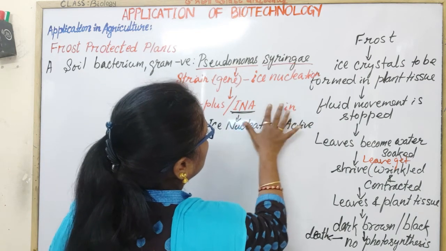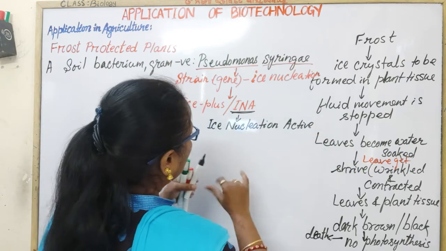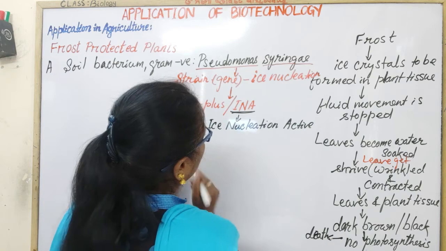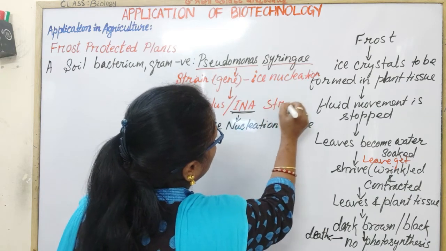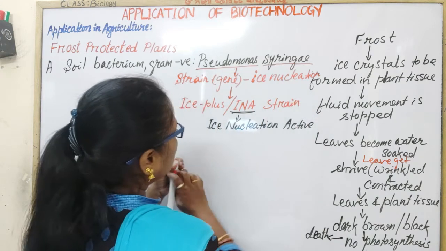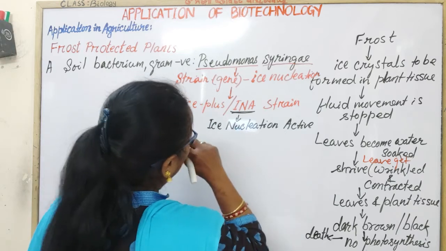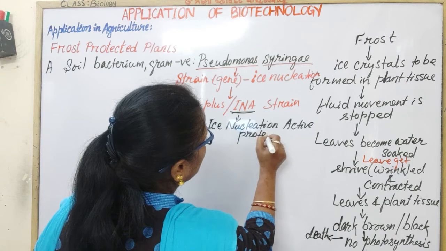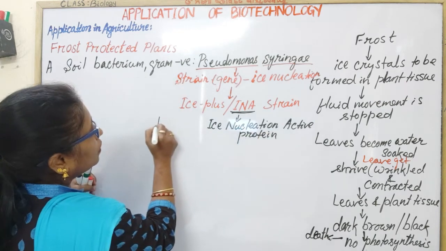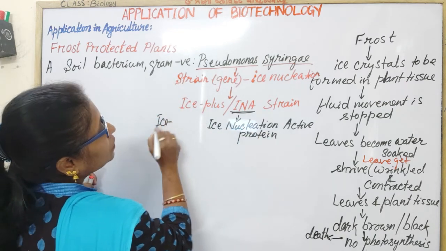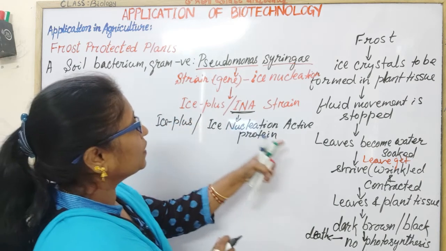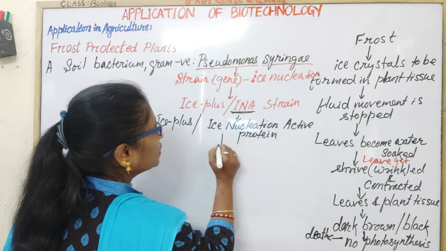The INA strain produces the ice nucleation active protein, INA protein, or ice plus protein. What occurs?